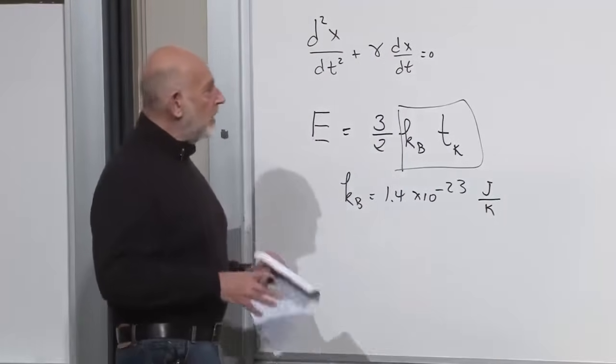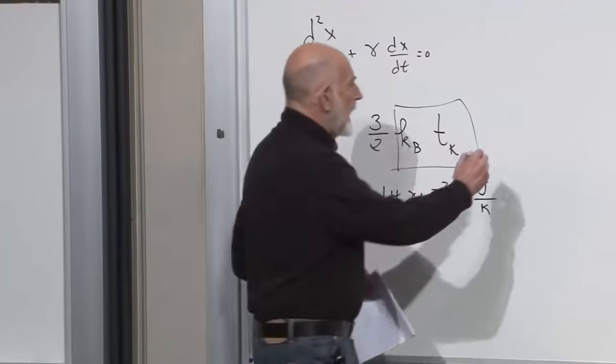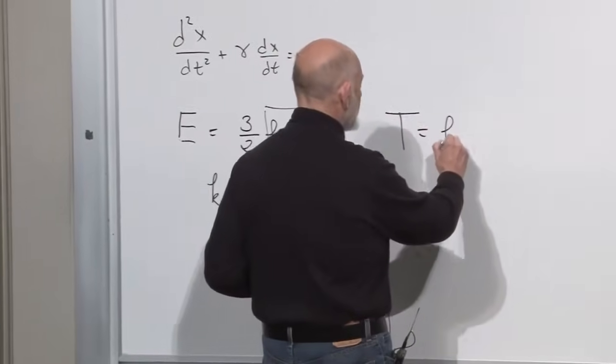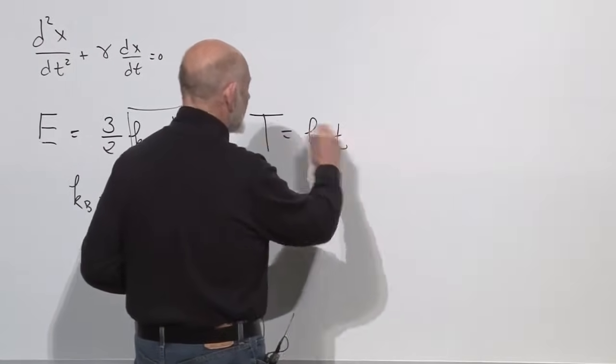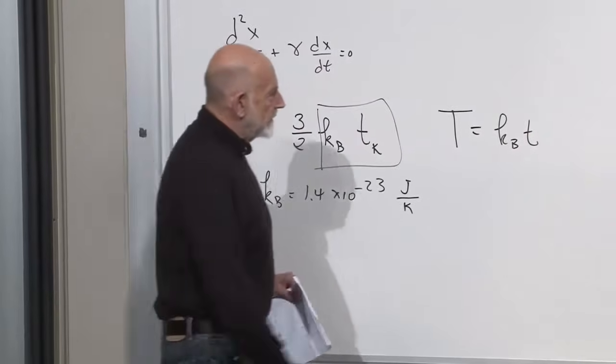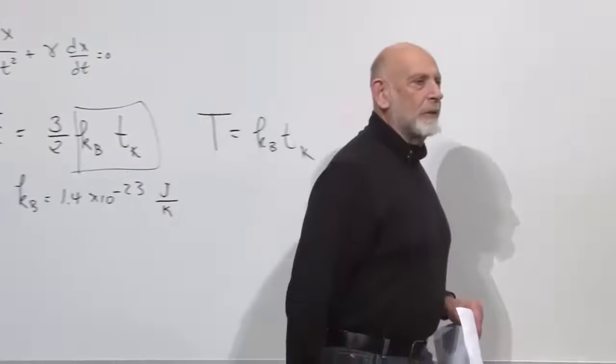We redefine a new unit of temperature, let's call it capital T, which is just K Boltzmann times the human unit of temperature. And once we do that, we will get rid of degrees, we will get rid of K Boltzmann in all equations.